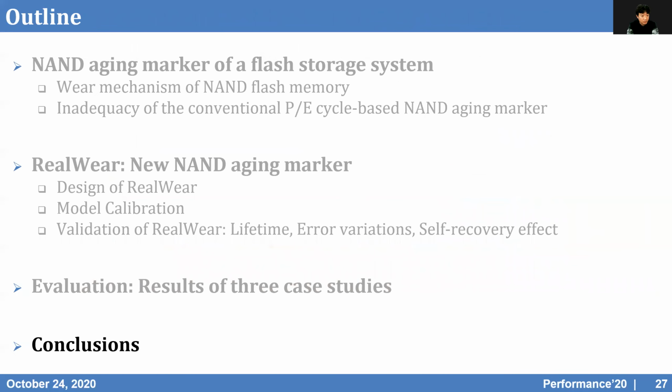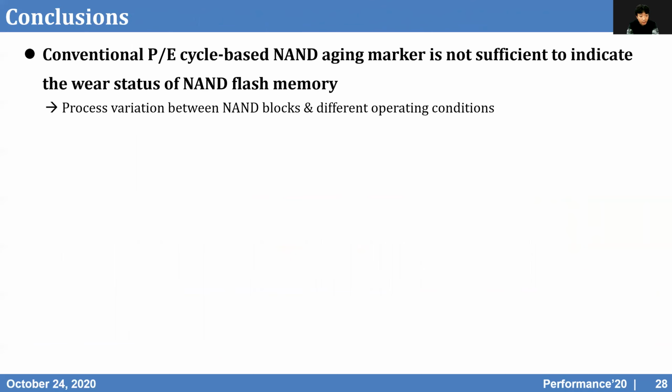Let me conclude my presentation. We show that the conventional P cycle-based NAND aging marker is not sufficient to indicate the wear status of NAND flash memory because of process variation between NAND blocks and different operating conditions.